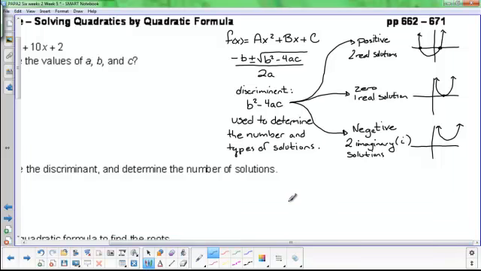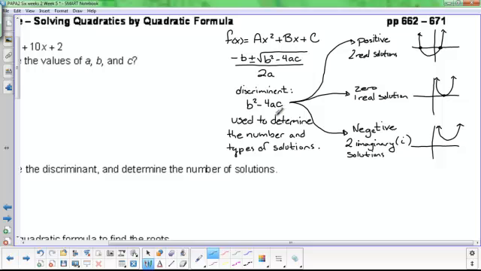Now the quadratic formula uses the equation of a quadratic in standard form. It uses the coefficients a, b, and c to determine the solutions to a parabola. The quadratic formula is the opposite of b plus or minus the square root of b squared minus 4ac, divided over 2a.